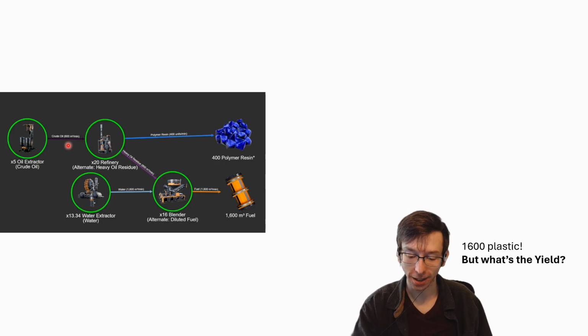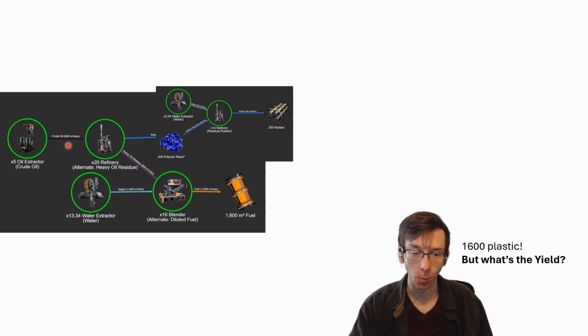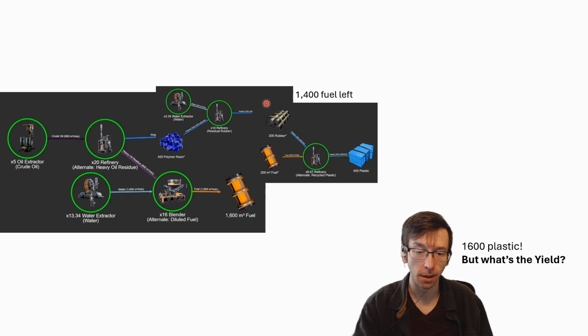We're gonna start there. We're gonna turn the byproduct polymer resin into rubber, plastic, whatever, some kind of like starter. We're gonna take some of that fuel and recycle that into plastic. We've still got 1,400 fuel left, and now we're up to 400 plastic already. That's matching the vanilla yield.